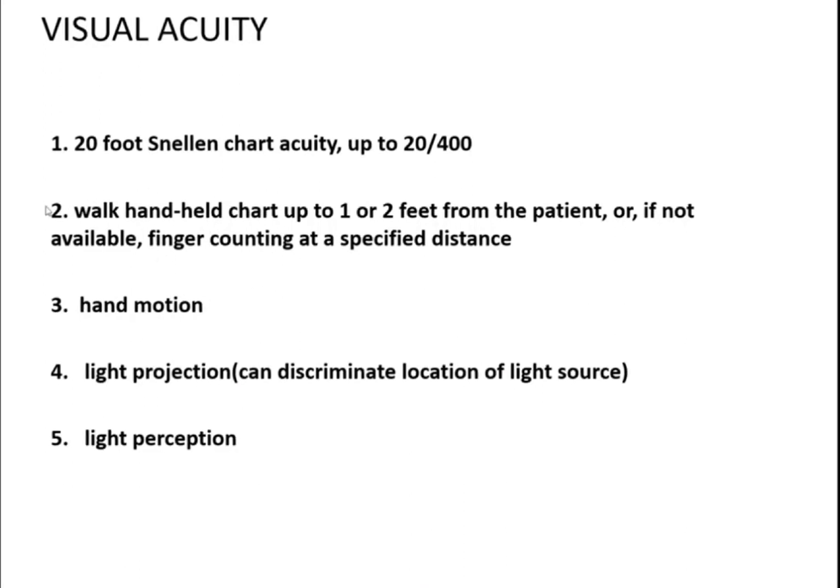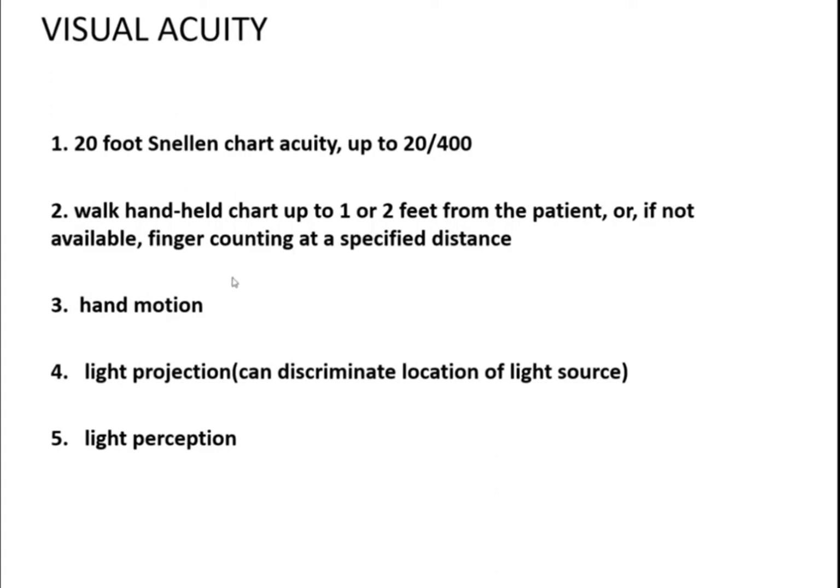In that case, they may use other ways of measuring the visual acuity, like bringing a handheld chart towards the patient and asking the patient if they can count the fingers on the surgeon's hand. So the optometrist may put out his hand and ask the patient to count the number of fingers that he is showing on the hand.